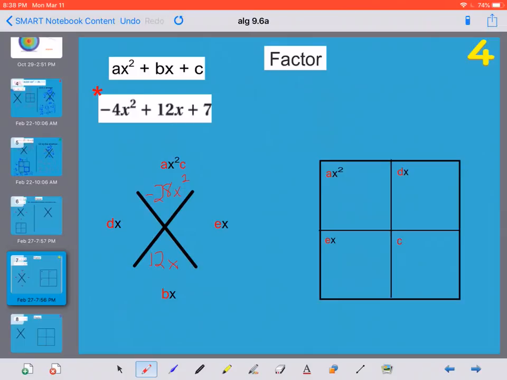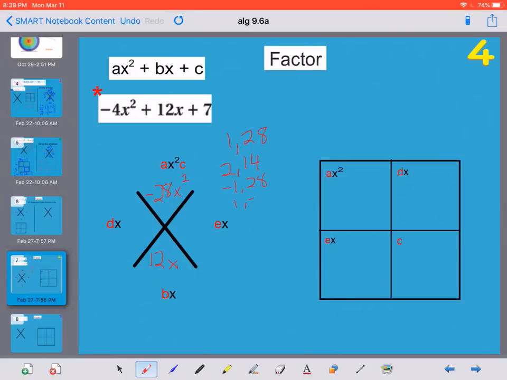So now we need to figure out what goes into negative 28. Well, I know that one of them has to be negative because we have a negative 28. So it could be 1 and 28. It could be 2 and 14. Or it could be negative 1 and 28.